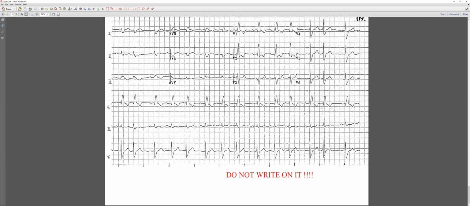Exactly. What about the axis? I said that it's a right deviation, so that means there is a hemiblock, and it should be a left posterior hemiblock. Together with a right bundle branch block, that means bifascicular block.